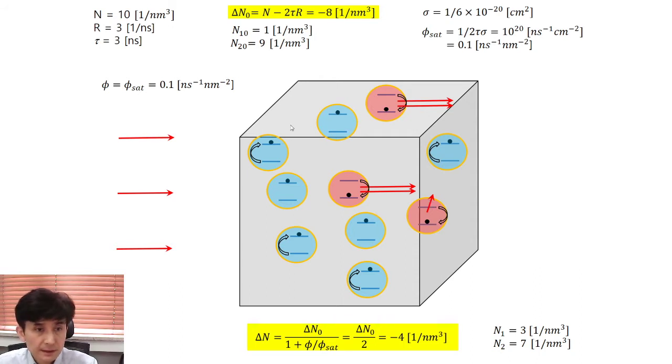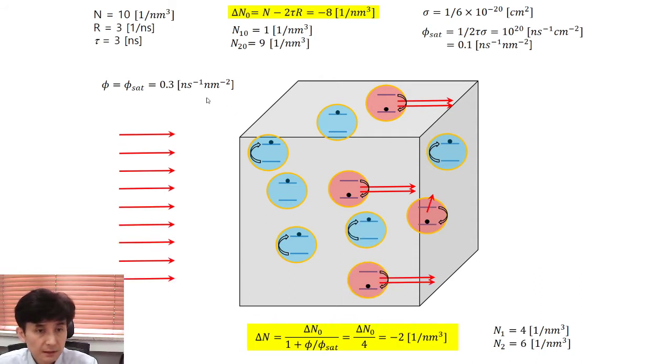Right. Let's consider the next case where the external photon flux is increased from 0.1 to 0.3 photons per nanosecond per nanometer square. Then there will be more stimulated emission, and the number of excited state atoms will be decreased, while the number of ground state atoms will be increased.